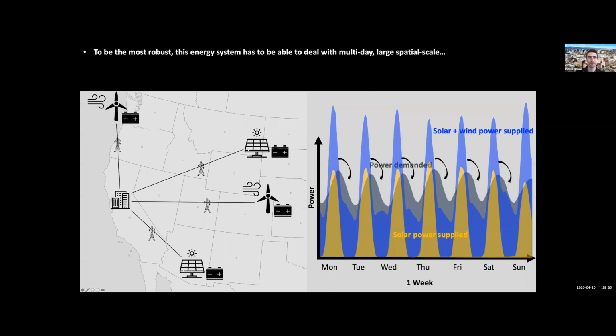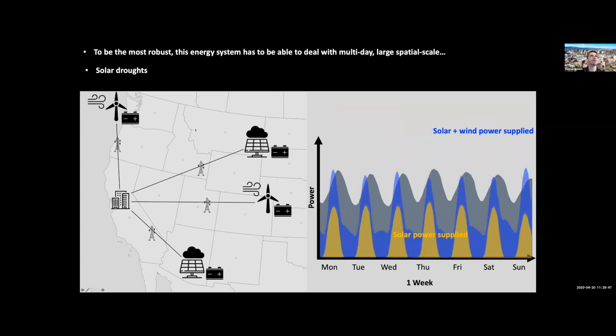And so that's actually what I'm studying, is that I'm trying to study the weather patterns and look at wind and solar variability and think about a system that would be robust to droughts in solar energy, right? So we typically think of droughts in terms of precipitation, but if you think about an energy system of the future that's mainly renewable energy, then a drought in the sun, meaning that it's cloudy, could also be a major problem for society.